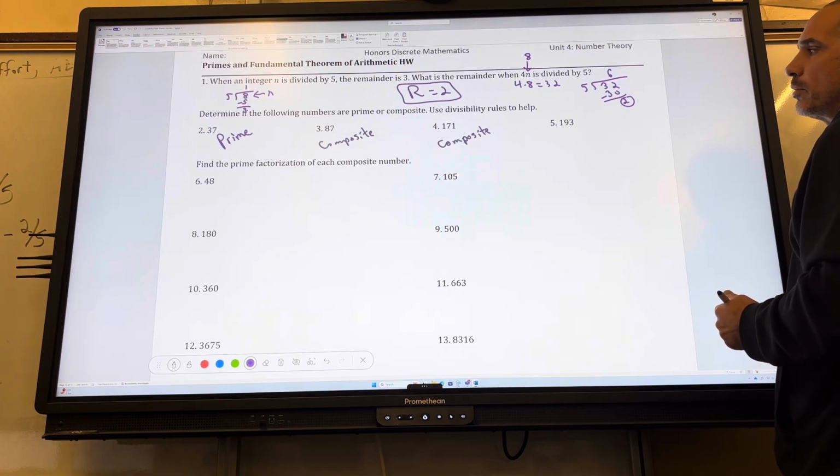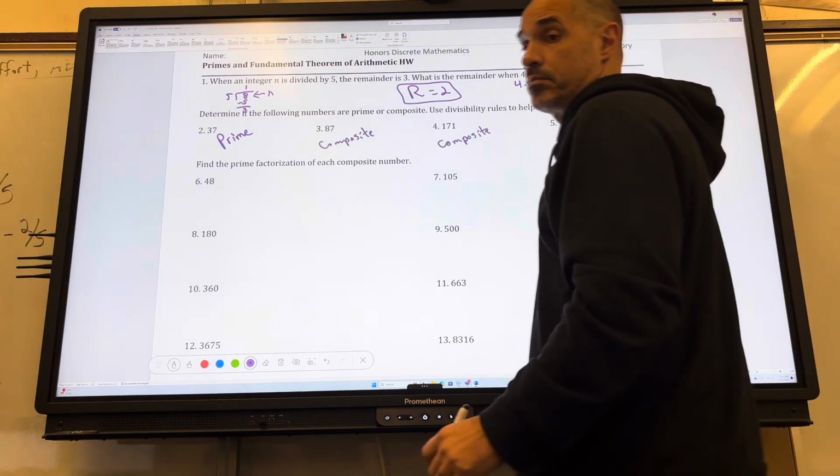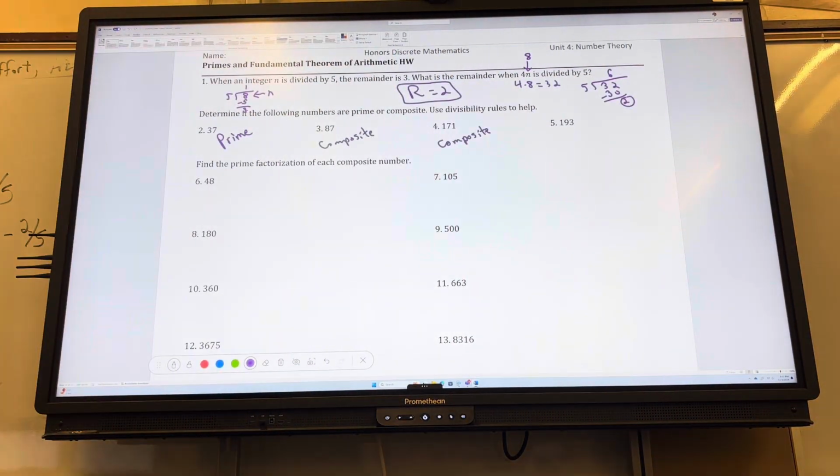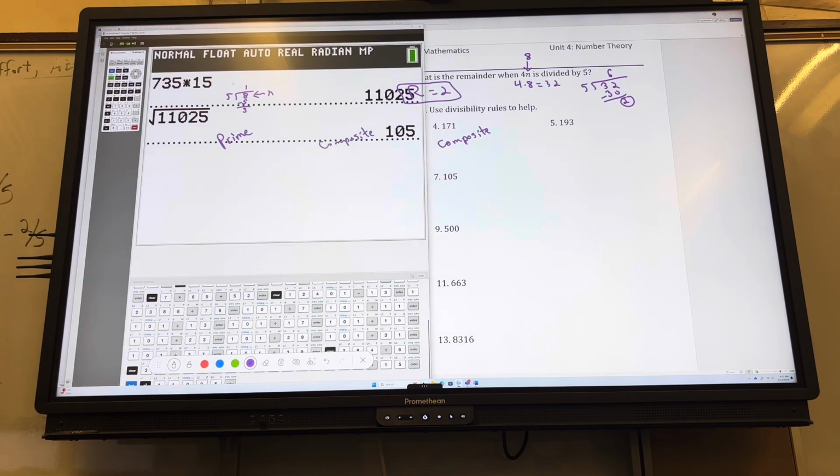So we really just have to go to the calculator and divide this thing out. So, 193 divided by, and we can just pick some numbers. We know 3 doesn't work. We know 5 doesn't work. We try 7. That doesn't work.